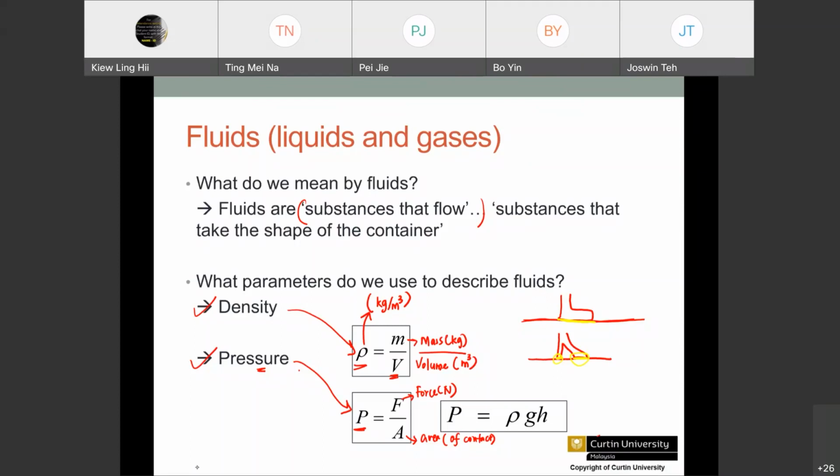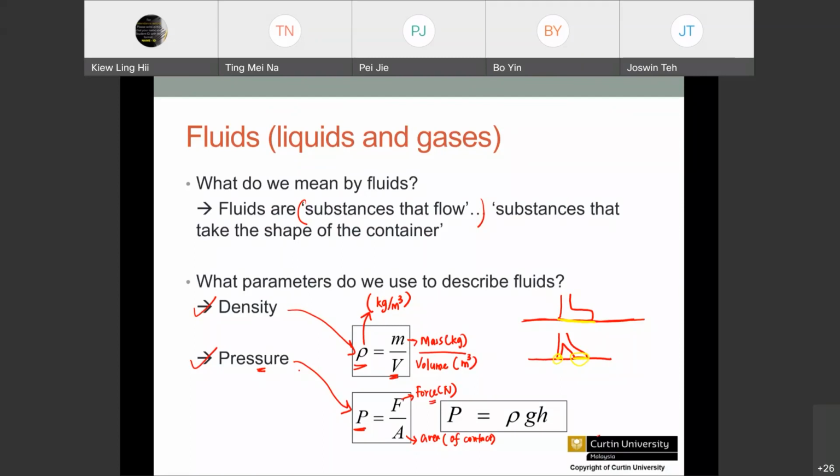So that's why pressure is directly proportional with the force. Remember in our free body diagrams, our weight is also one kind of force. So if you are heavier, then the pressure that applies on the floor will be higher. At the same time, pressure is inversely proportional with the area of contact.